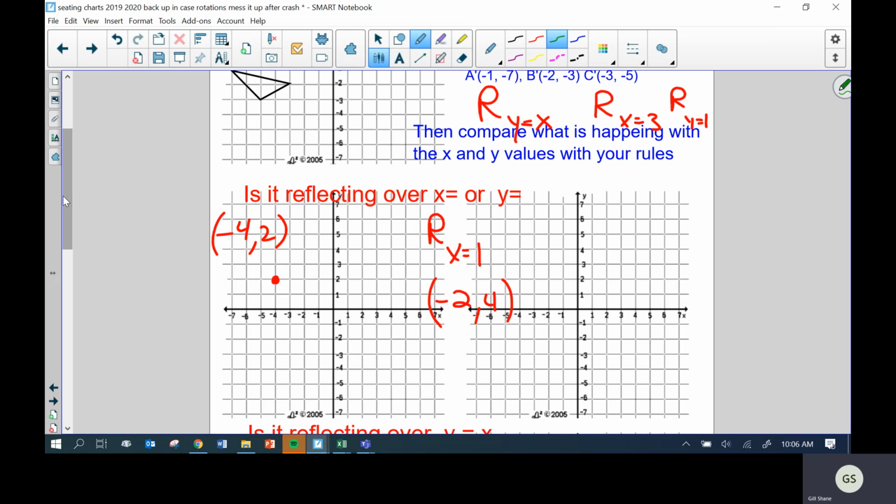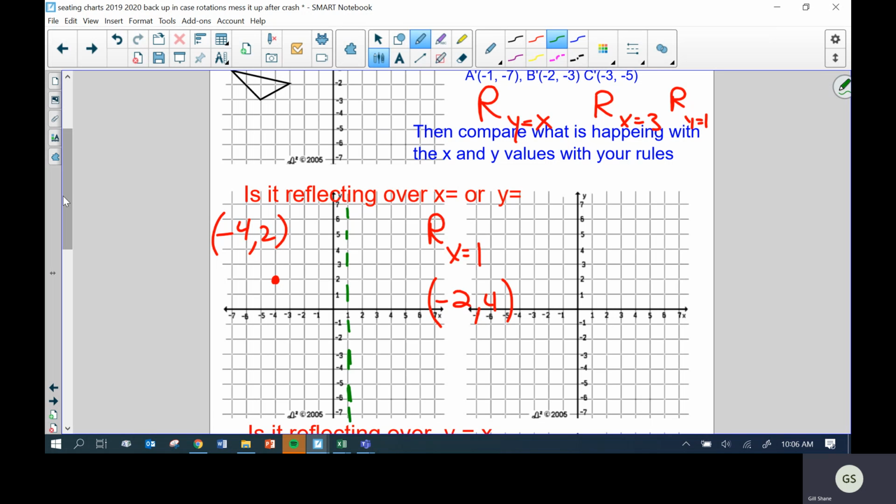I'm going to write it. I'm not sure if you're saying this or not. So I'm just going to write it and you gauge whether or not you were getting it right. It is a vertical line. It's a vertical line that goes through x equals 1, which is right here. So that's the line we're reflecting over, not the x-axis, not the y-axis.